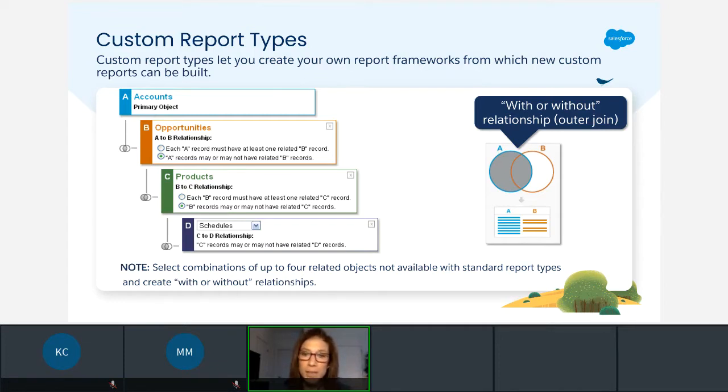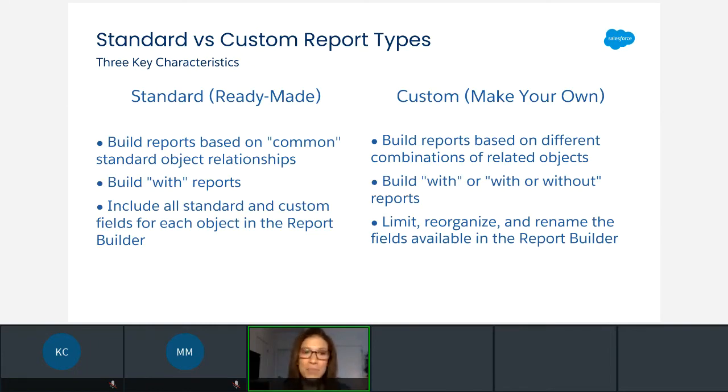So there are a few key characteristics to differentiate standard report types and custom report types. I know this slide is very simple, but it does call out when you would need a custom report type. So when you need to make your own versus when will my standard report types suit my needs.